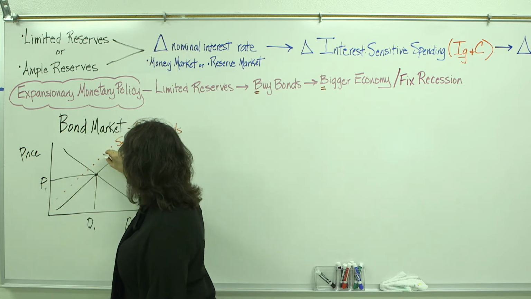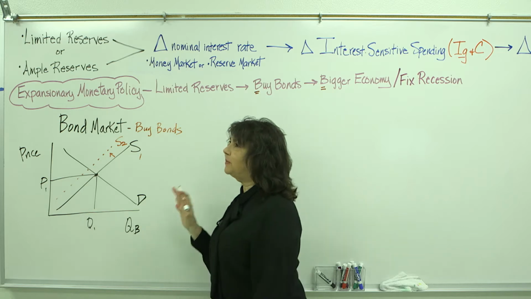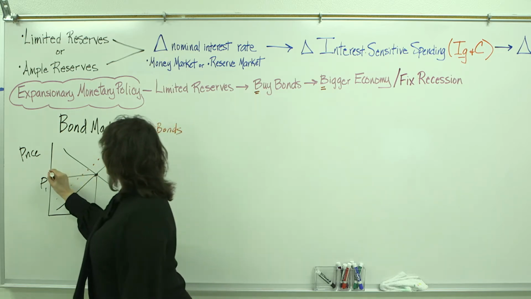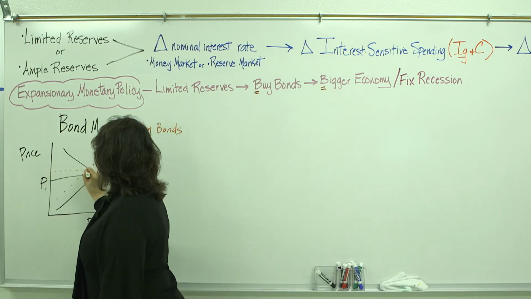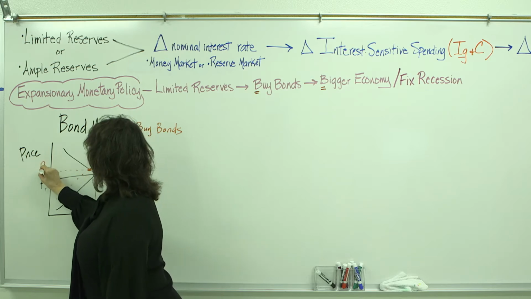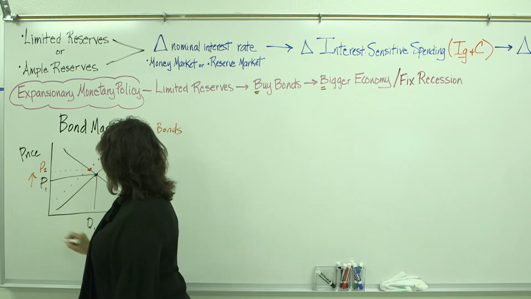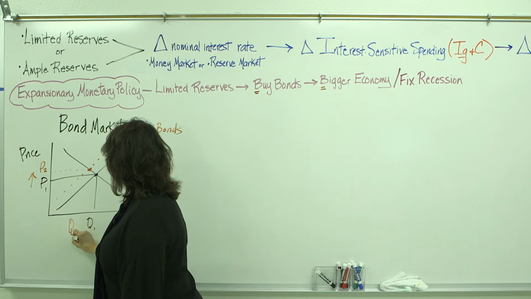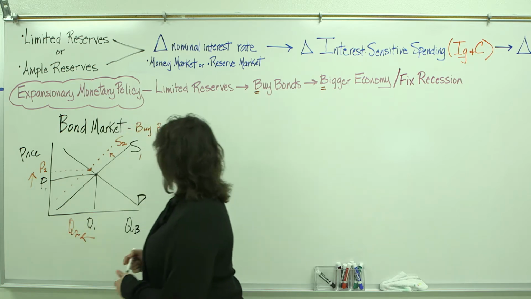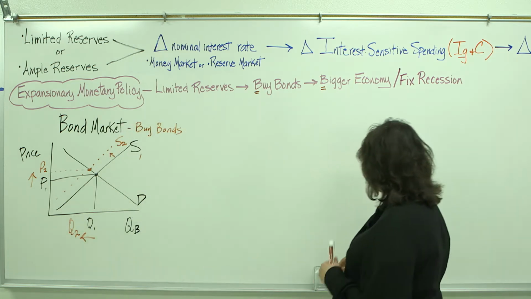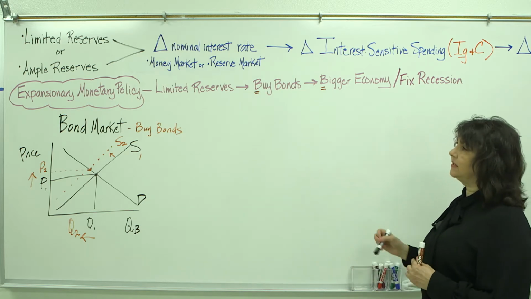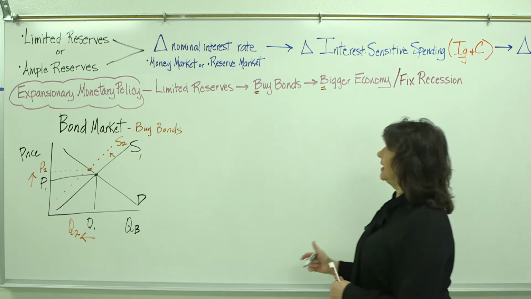So S1, S2. Anytime there's less supply, you already know that prices go up. So now I have a new equilibrium. The price of bonds increased, and clearly the quantity of bonds that were available in the market decreased. So that is the activity that we're going to see in the bond market.